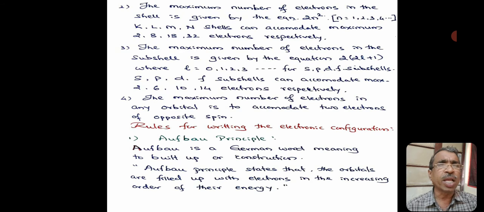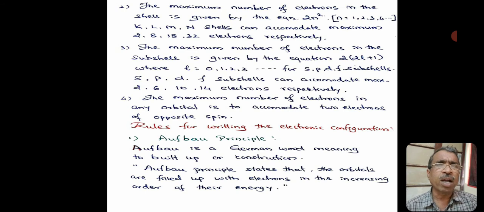The maximum number of electrons in a subshell is given by the equation 2(2l+1), where l is equal to 0, 1, 2, 3 and so on for s, p, d, f subshells.